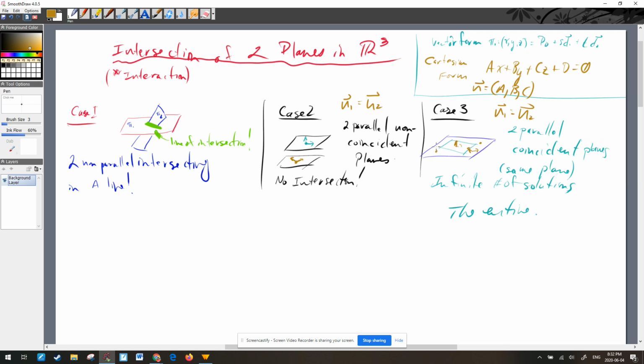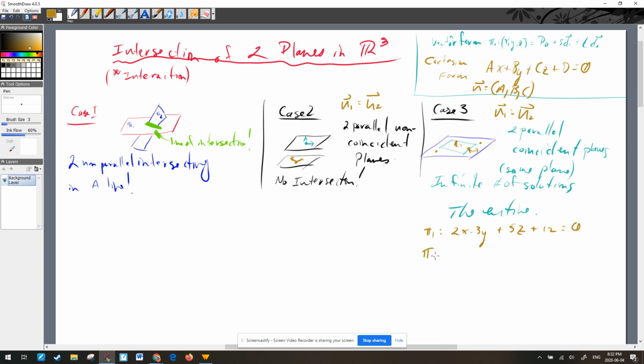Now, how would we tell whether it was case 2 or case 3? Well, case 3 is absolutely the same equation. So the only way I could come up with a case 3 that wasn't a ridiculous dead giveaway: imagine that I said plane 1 is 2x minus 3y plus 5z plus 12 equals 0. There's plane 1.